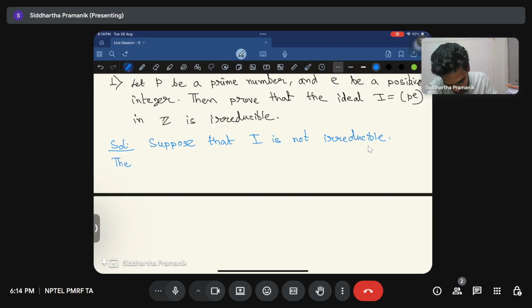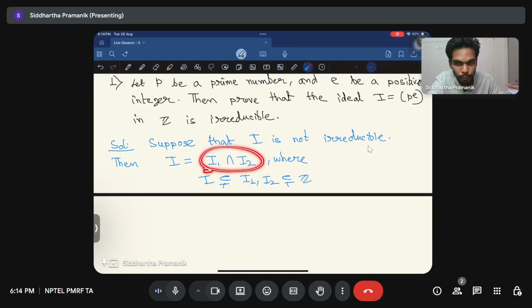So I equals I1 intersection I2, where I is strictly a subset of I1 and I2, and these are strictly subsets of Z. So I1 and I2 are two proper bigger ideals than I, and I is the intersection of these two ideals. Now Z is a principal ideal domain, so every ideal in Z is a principal ideal. So let's use this fact.